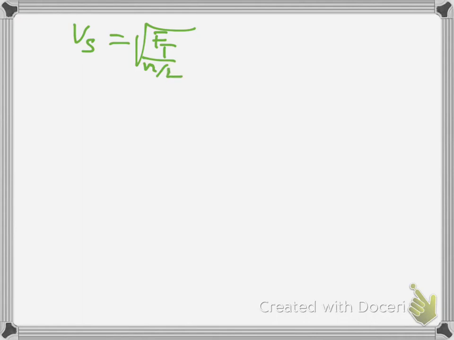We have been using this as, I'll write it how I'm familiar with it, tension over mu. So this right here is mu, the linear mass density. If you were worried about memorizing that equation, as of 3 years ago, this was given to you.